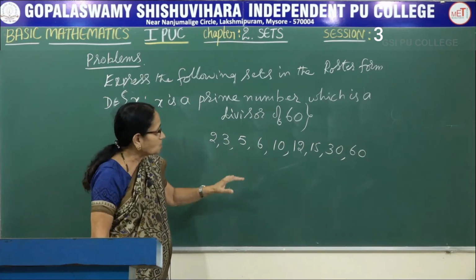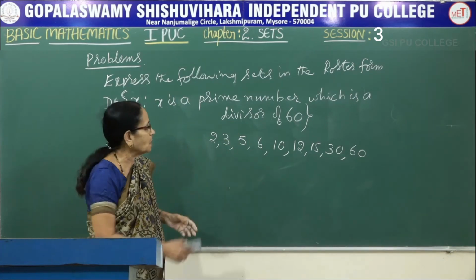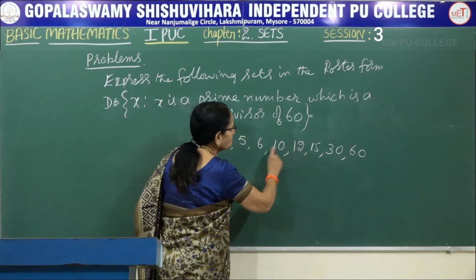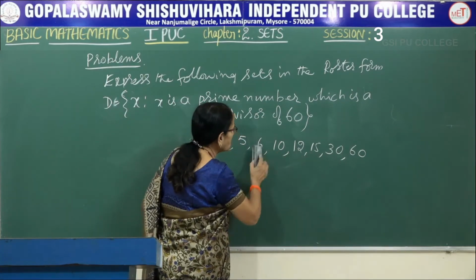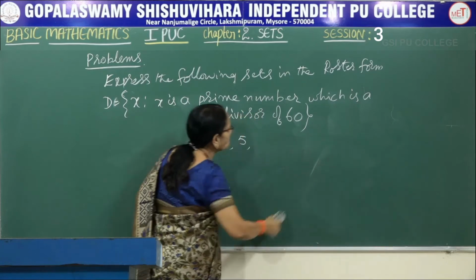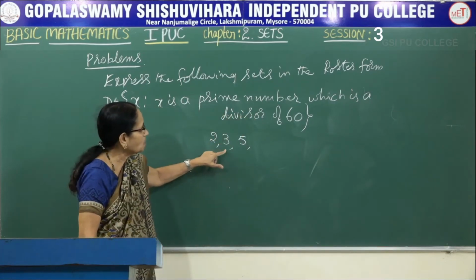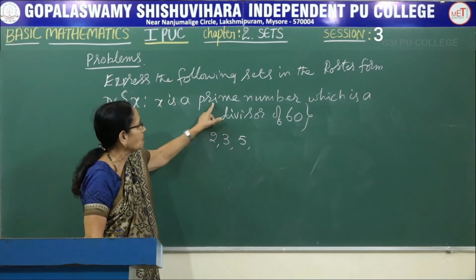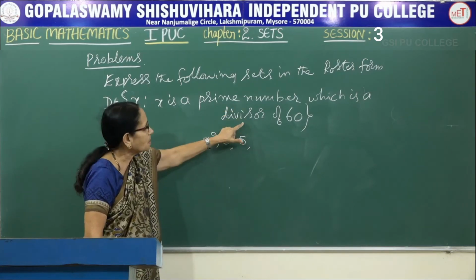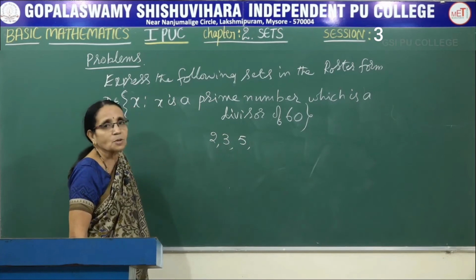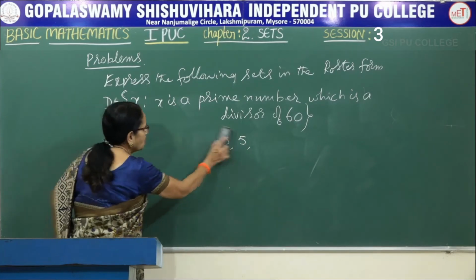But out of these, we have to pick only the prime numbers. You observe all these numbers 6, 10, 12, they are not prime numbers. So we just omit all of them. So what are the 3 numbers remaining? 2 is a prime number, 3 is a prime number, and 5 is a prime number. So the first condition is satisfied. Second condition is all these numbers divide the number 60.